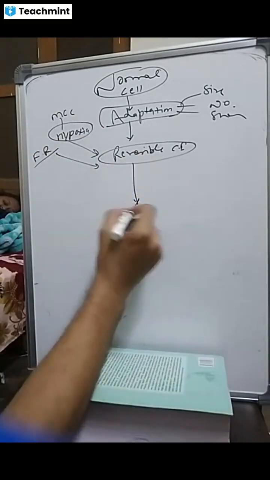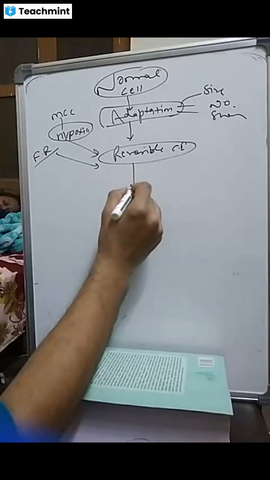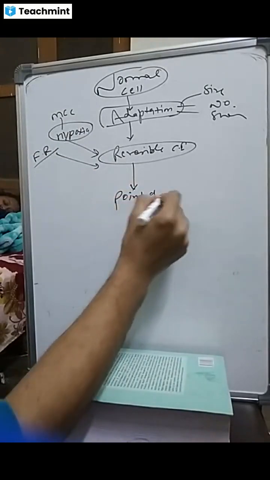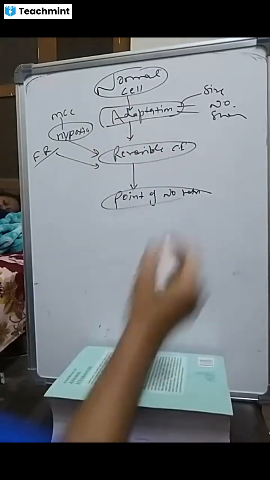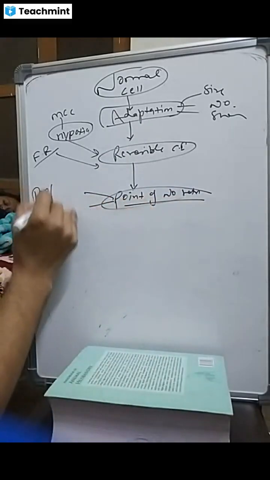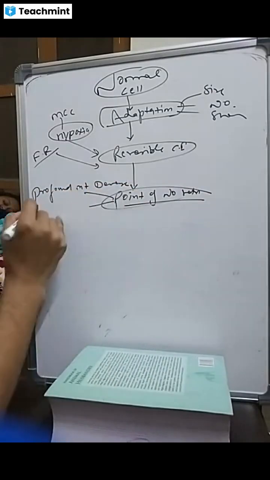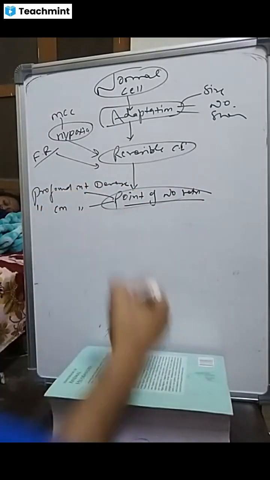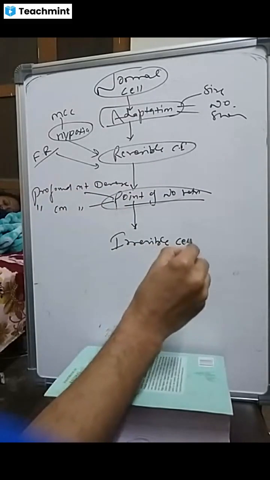If we reach the point of no return, after this point it will not return even if the stimulus is removed. These were two points: mitochondrial damage and profound cell membrane damage. Then it will enter into irreversible cell injury.